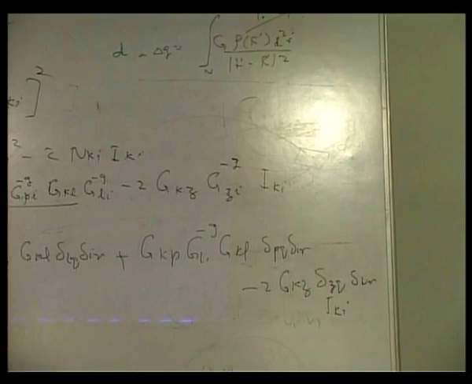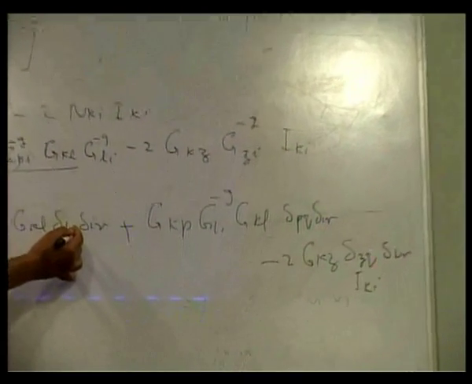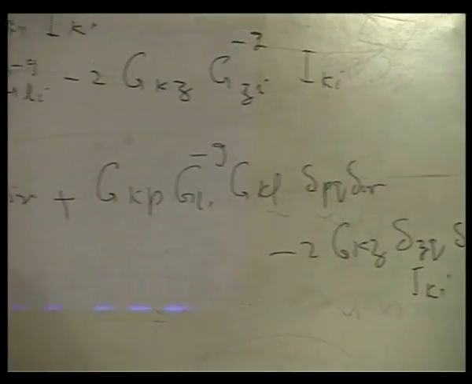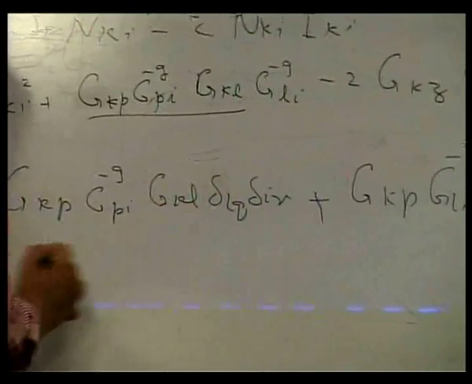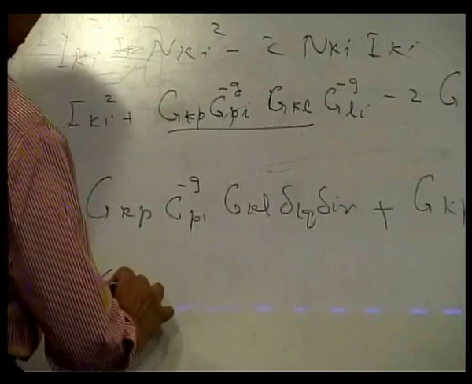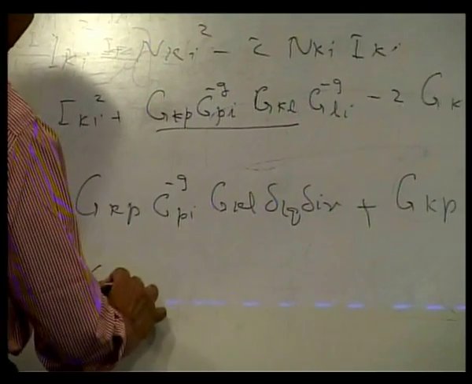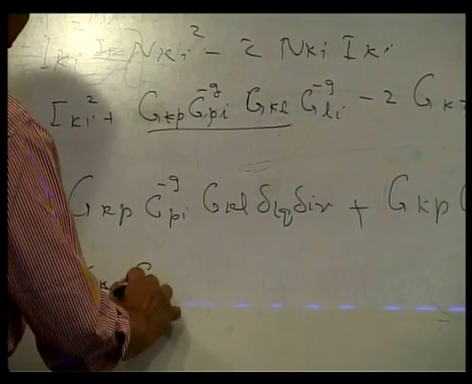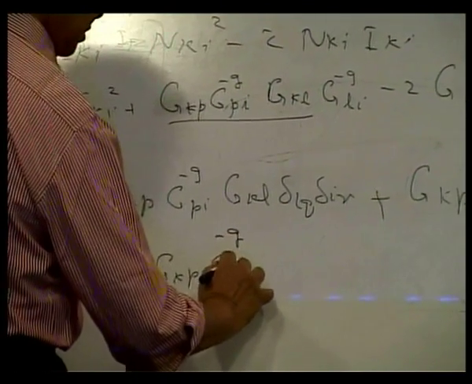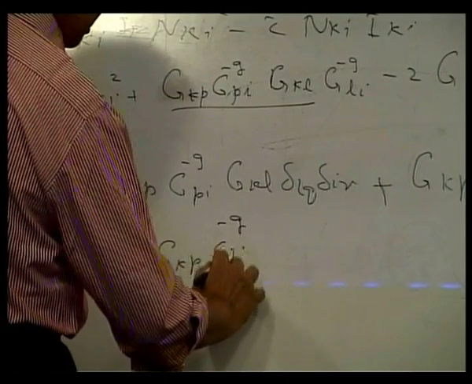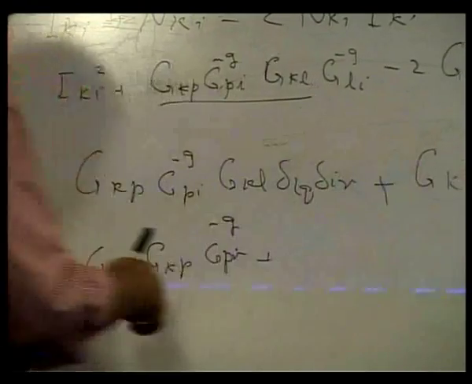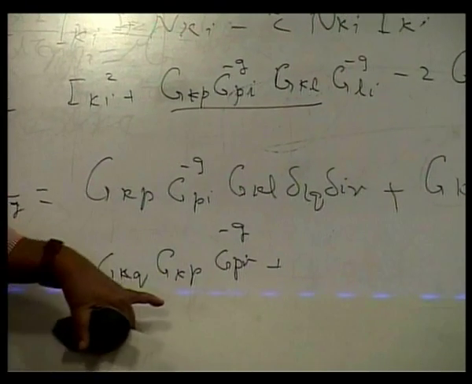So, okay, I is equal to Q, L is equal to Q, so that becomes G, K, Q. G, K, P. I is R. And if you look at this, this is going to give me something very similar, except that P is the dummy of it.